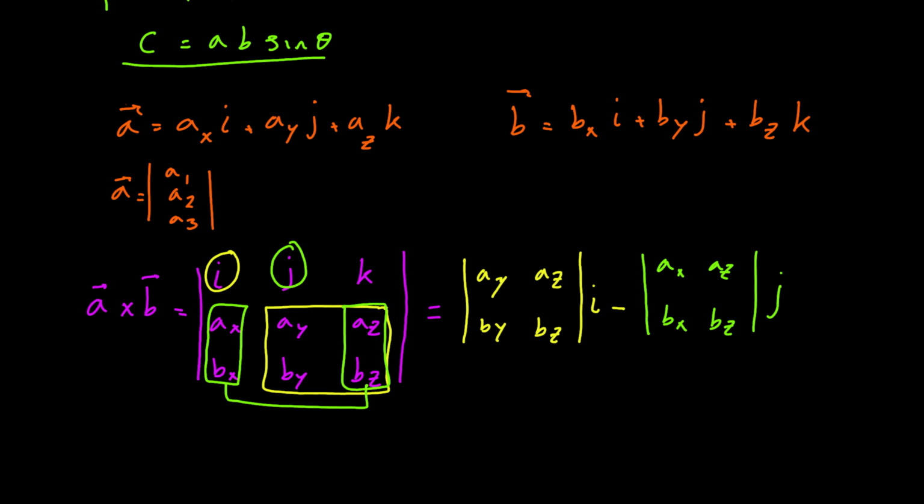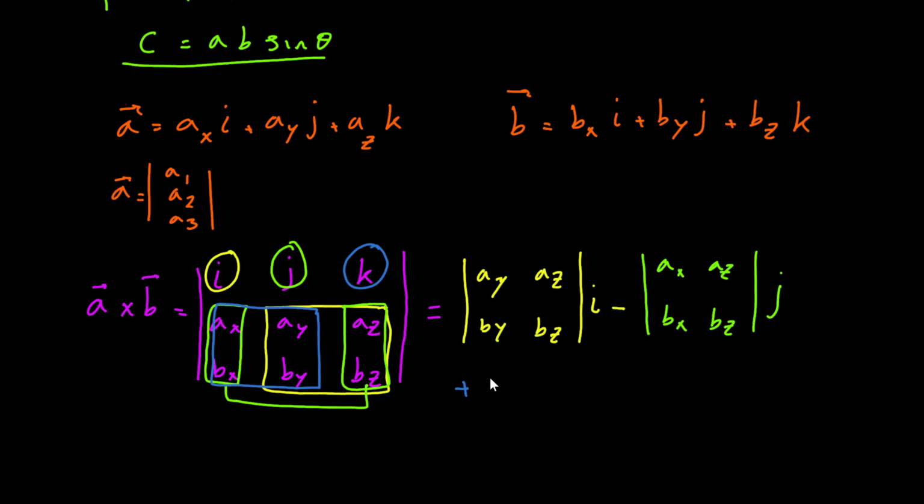And then for the last part, what I'm going to have is the K. So cover this column and those two. What I'm going to be left with is this 2 by 2 matrix.